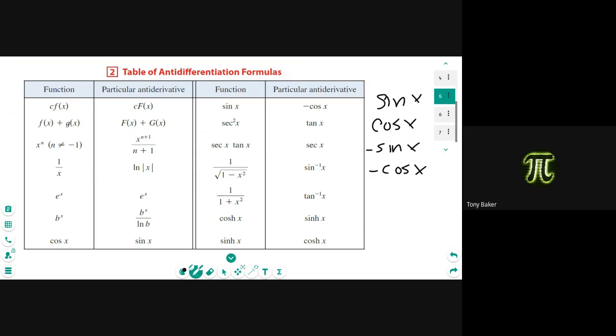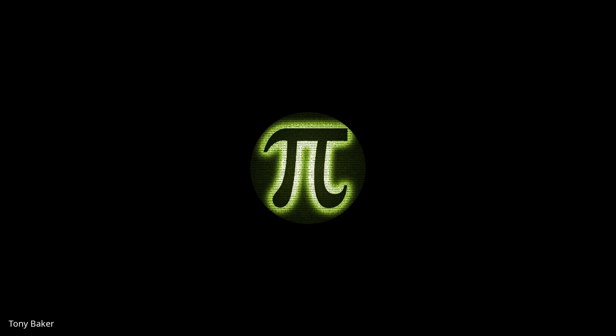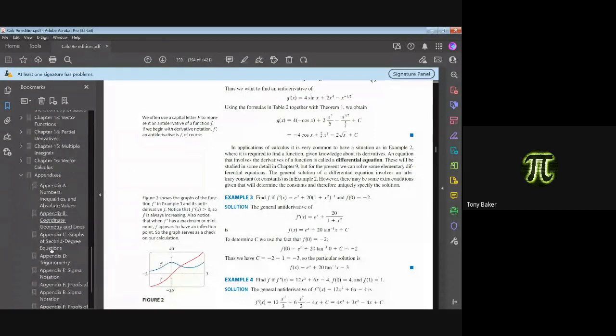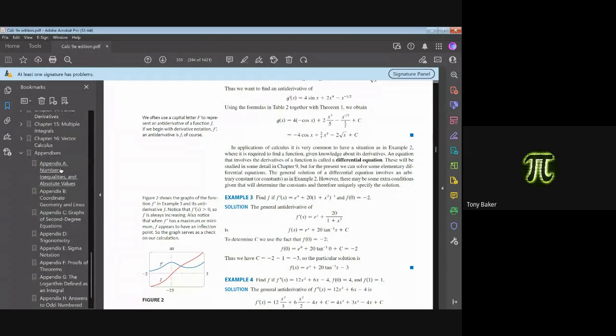I think I can share this. Hold on a second. I got to switch something over here so I can share my screen. So here's your actual book, which I don't think any of you have actually really looked at.